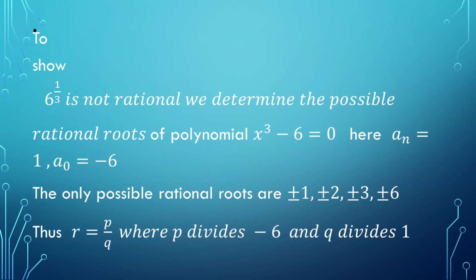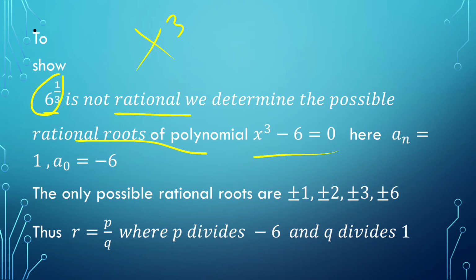Let's look at this. To show that 6 to that power is not rational, we determine the possible rational roots of a polynomial. The polynomial that will give us this as a root is this, because if you solve this, it will give you x to the power equal to 6.